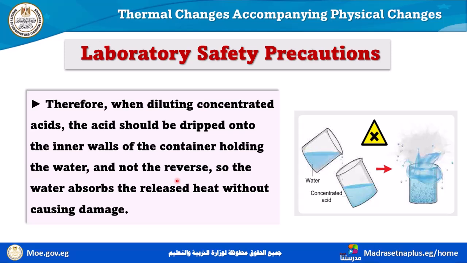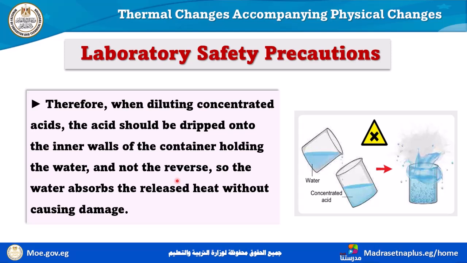So we will add the acid carefully to the water, not the water to the acid. Adding the water to the acid causes a violent reaction and violent dilution, causing splashing of the acid outside the container, and causes severe damage and harm.